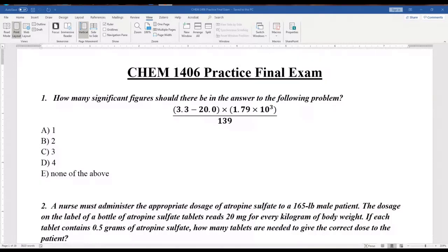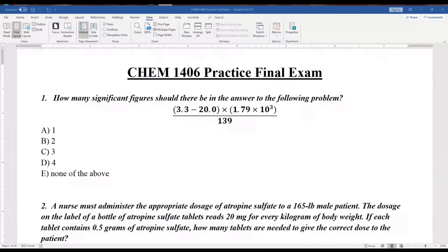I only have this practice final as a source of questions for you if you don't have any of your own. But if you have your own questions, either from homework or from tests from your professor or from other practice tests, please feel free to bring those forward. You can even share those with me, and I will be happy to go over any of those questions.